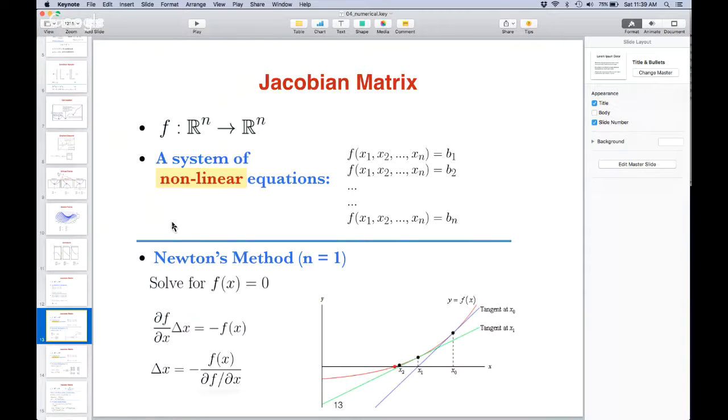Newton's method in this problem helps us solve for f of x equals 0. It's a root finding problem. Here I have described Newton's method for the one-dimensional case, where you have f of x equals x squared minus 5 or something, and you're trying to solve for the equation f of x equals 0.